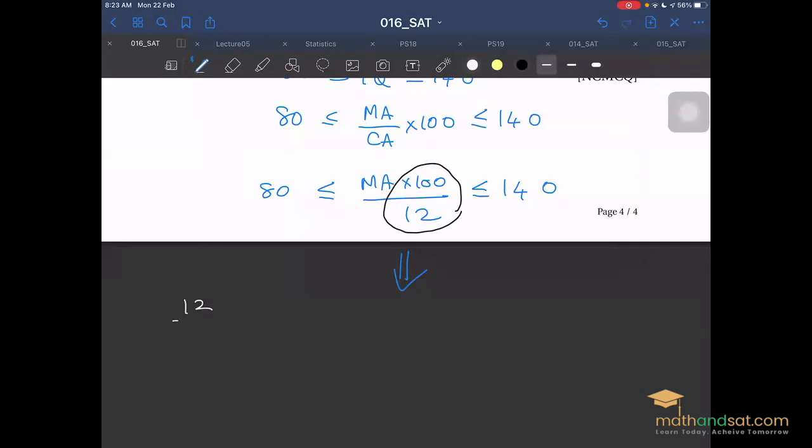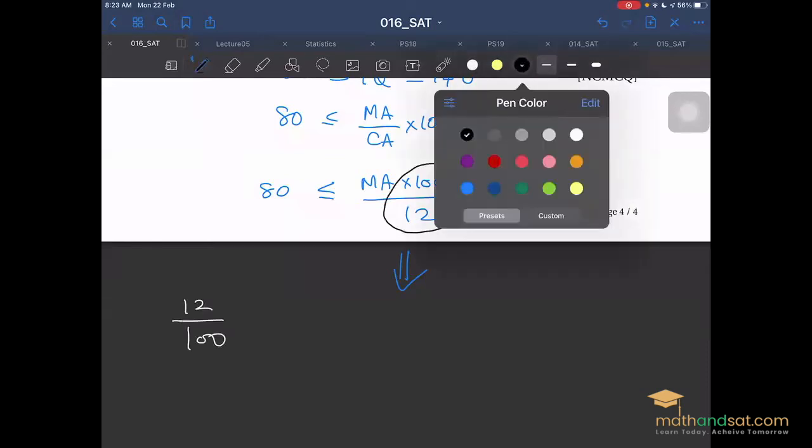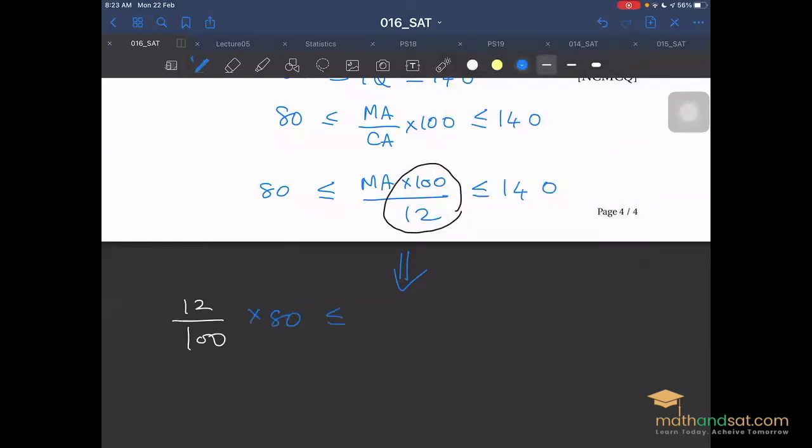So we have 12 over 100 times 80 less than or equal to 12 over 100 times MA into 100 by 12 less than or equal to 140 times 12 over 100. Make sense? I've multiplied the entire expression with 12 over 100 to get rid of the 100 by 12 term. Now this 100 and 100 will go away.